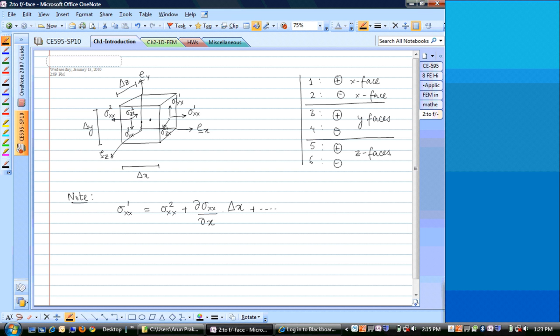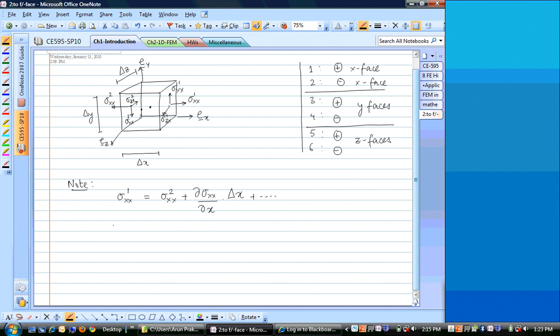Similarly, you have 2 other approximations. Sigma yx1 would be equal to sigma yx2 plus del sigma yx over del y times delta y.